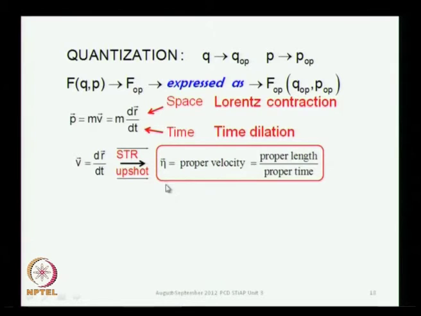And you need to introduce this proper velocity, which is a ratio of these two quantities. So, this velocity is now not just dr by dt, but dr by dt times gamma, where gamma is a ratio which includes v square over c square, and this is not 0 because the speed of light is finite.